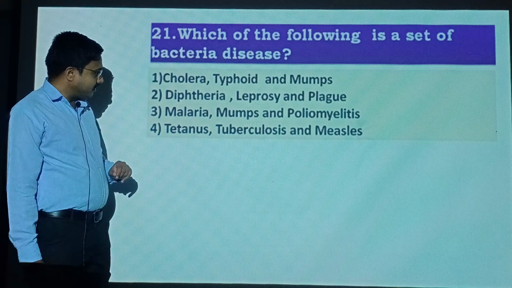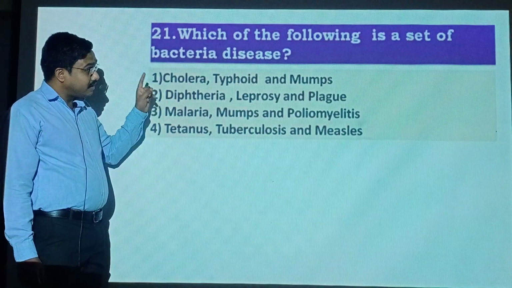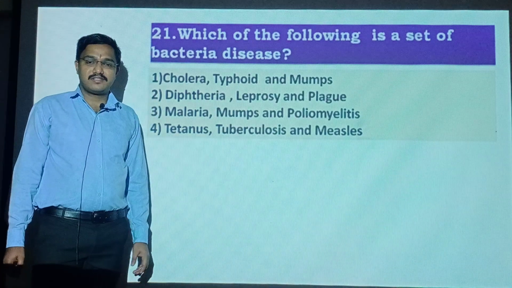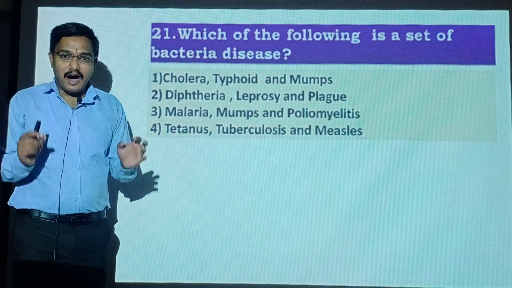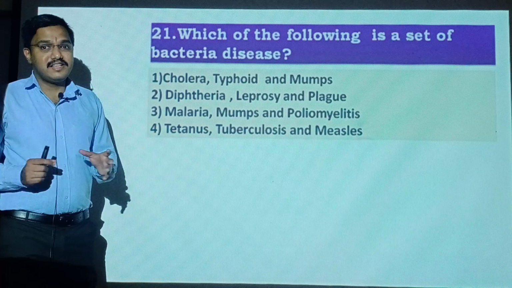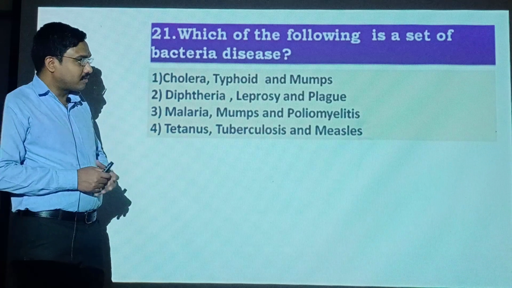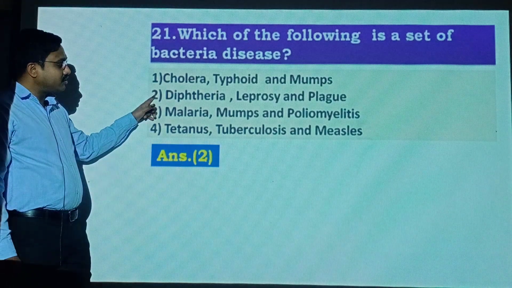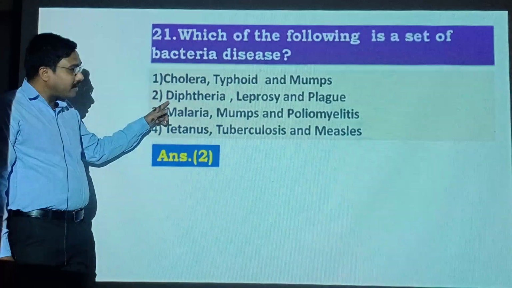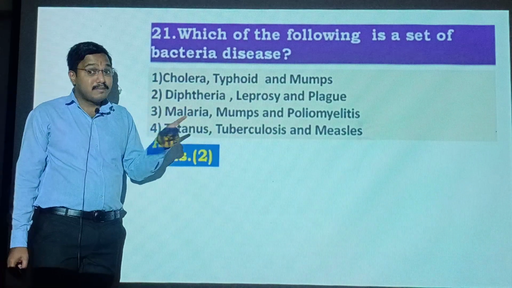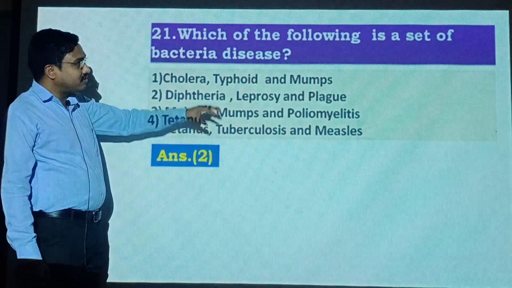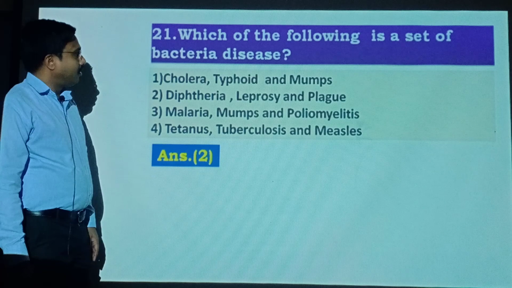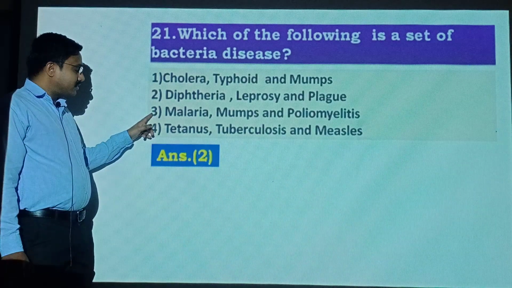In the second option, diphtheria, leprosy and plague, these three are bacterial diseases. Therefore, the right answer of this question is option 2, diphtheria, leprosy and plague, because we have to select bacterial diseases. Now see option 3.